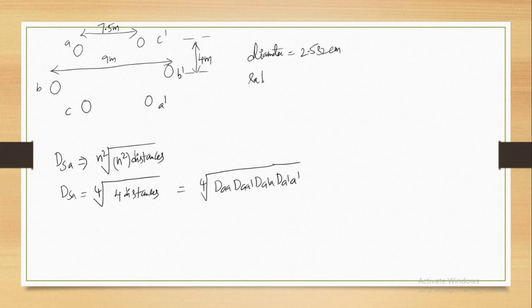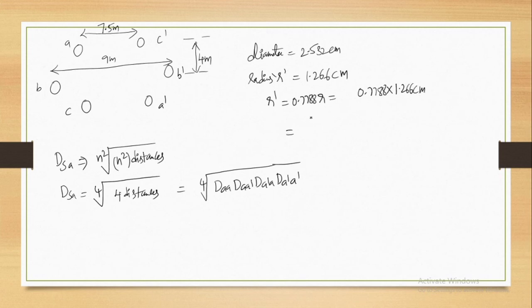It indicates that the radius of each conductor R is half of this, which is 1.266 centimeters. And R dash is 0.7788 into R, and it is 0.7788 into 1.266 centimeters, which gives us the R dash value.